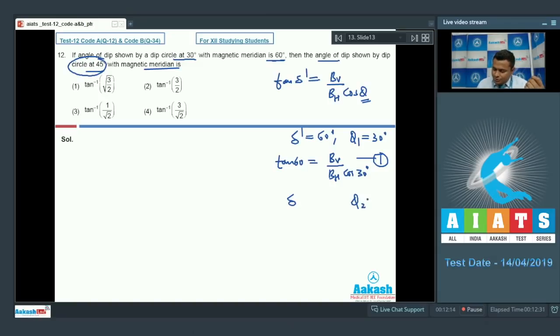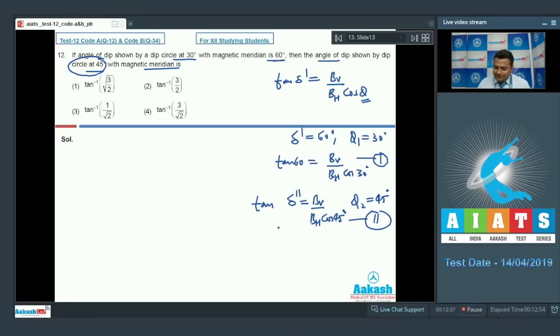So theta 2 is given as 45 degrees. Then the new apparent dip is delta double dash. So tan delta double dash is given by BV upon BH cos 45 degrees. Equation number 2.